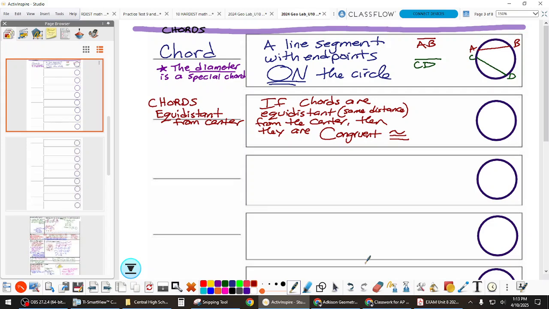So if chords are equidistant from the center, then they're congruent. And of course we'll draw a picture to show that. Tell me if I need to move so you can see.